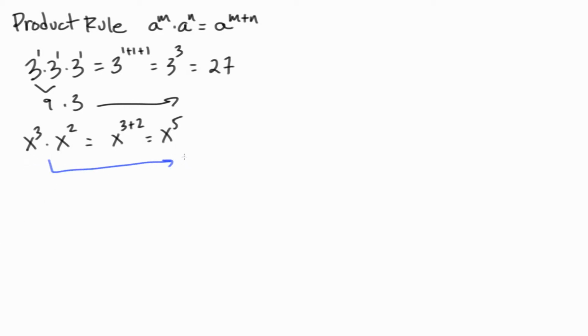So let me do it some other way. Let's say that you didn't know the product rule, right? This tells me it's x to the third power, so I have 3 factors of x. There's the multiply, right? So I'll put multiply. And then this number tells me I have 2 factors of x.